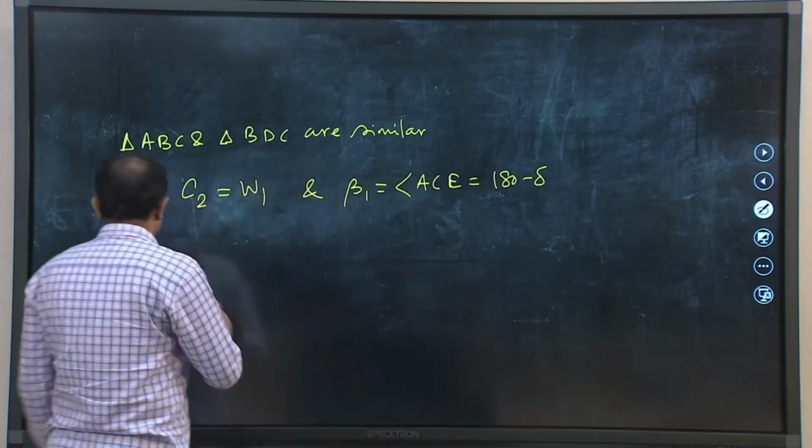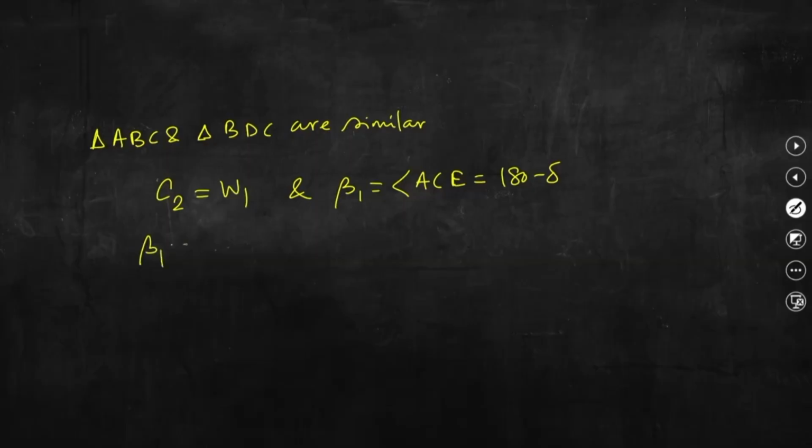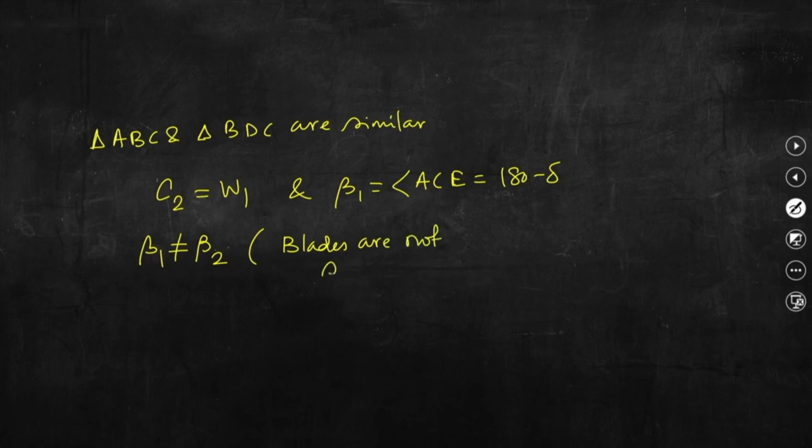So, beta 1 is not equal to beta 2, we assume that blades are not symmetrical.